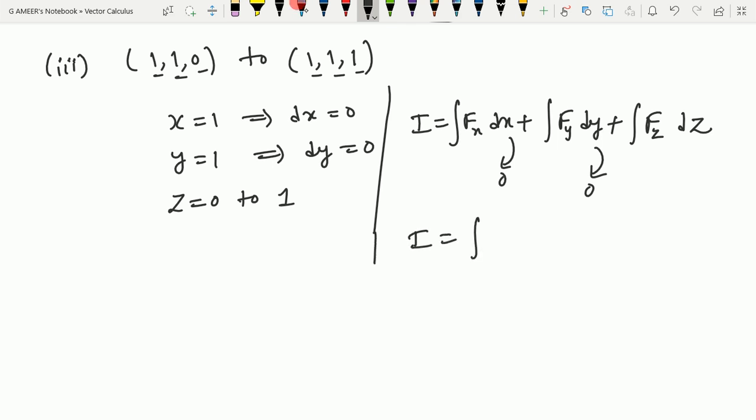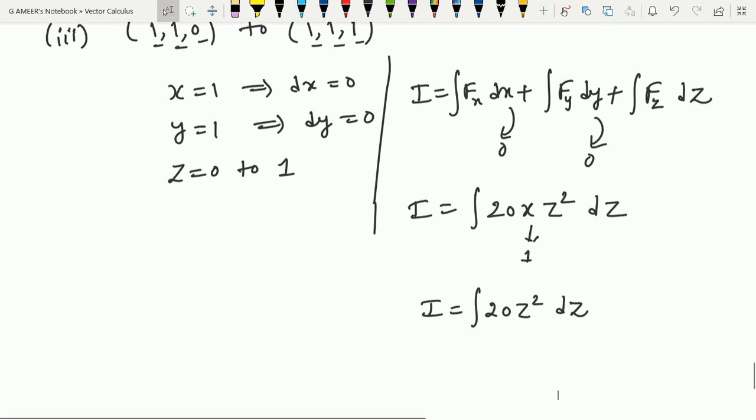So I is equal to the integration of, what is the Fz value here, that is 20xz square, 20xz square dz. So x is equal to 1 here. So if I substitute x equal to 1, then it will be 20z square dz. What is the integration of z square?